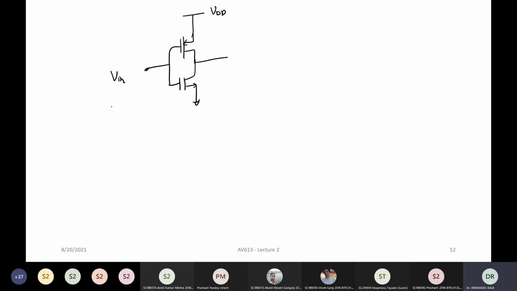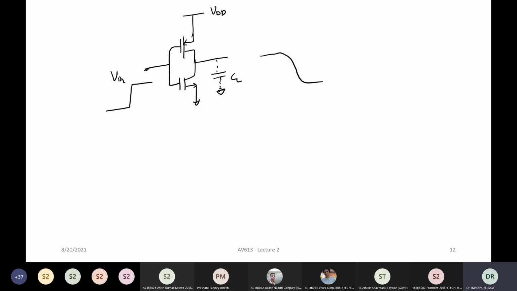Let's say VIN goes high, and you have an effective parasitic capacitance here, let's call it CL. Now, what will this MOSFET do? When the input goes high, the job of this MOSFET is to discharge this capacitor. Earlier, this was at VDD, and the output goes from high to low.